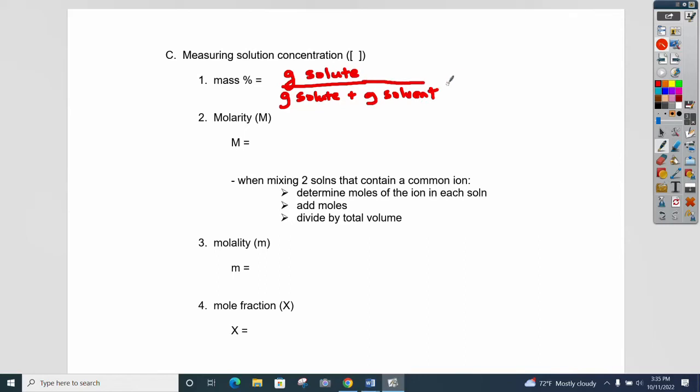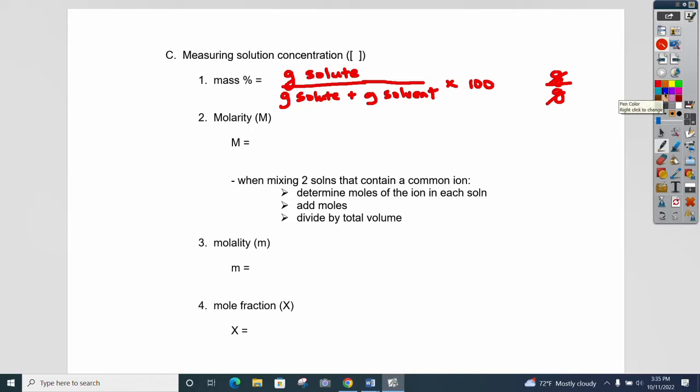And because it's a percent, we're then going to multiply by 100. There is no unit for mass percent because do you see how you're going to end up with grams over grams, which are going to cancel? So we don't put a unit next to it. We just say, you know, mass percent is 98% and we're done.